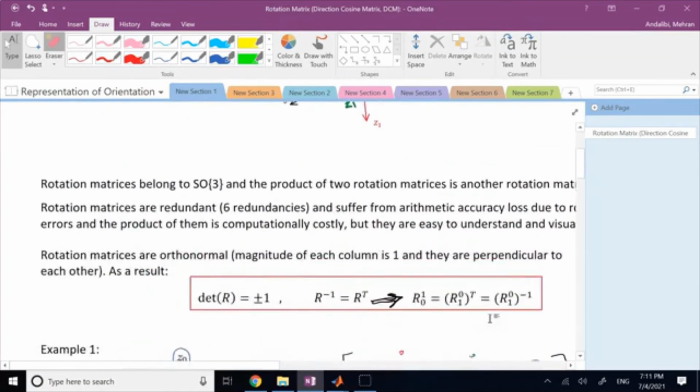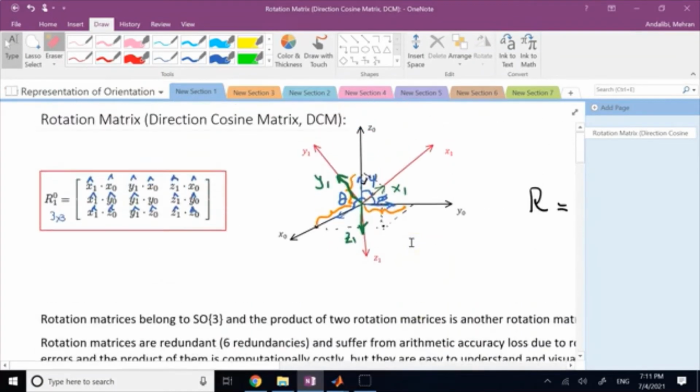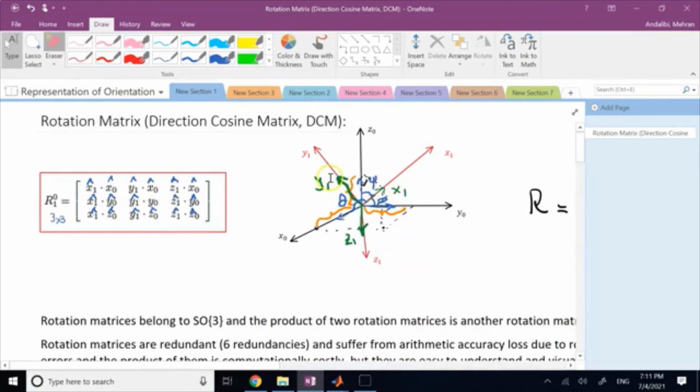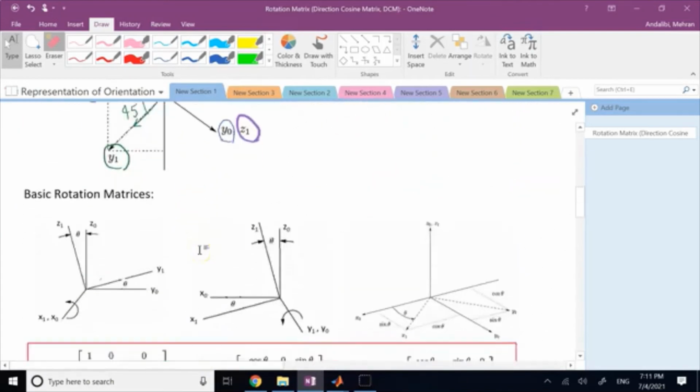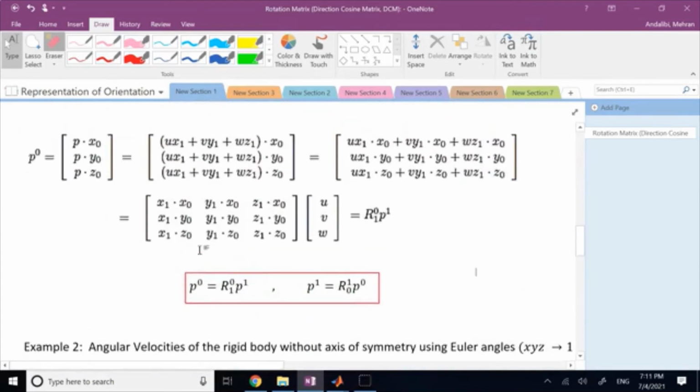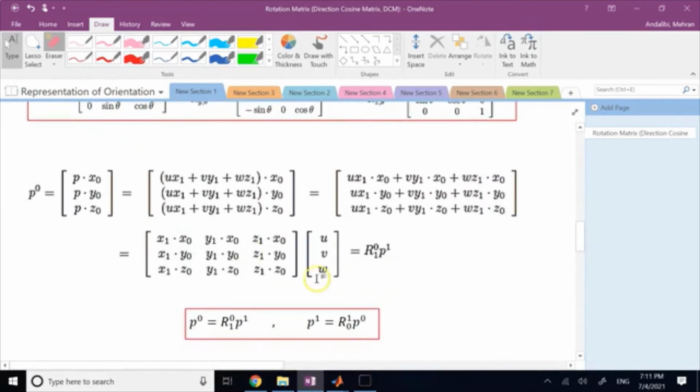So far, we have seen that you can show the orientation of one frame with respect to the other. Fine, but is that it? Can they do anything more interesting to me? Sure. One of the most important, interesting ones is projecting a point or a vector from one frame to the other. Okay, this is more important.